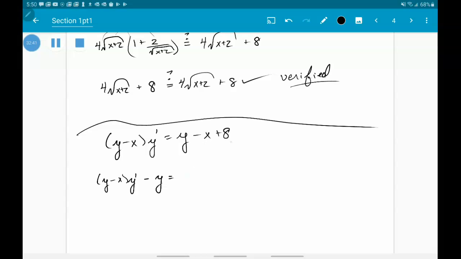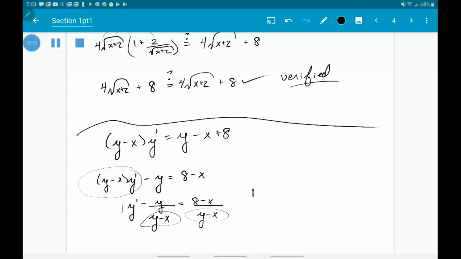This would be negative x plus 8 or 8 minus x. And if we were to try to make this a 1, so we have a 1 in front of that y prime.